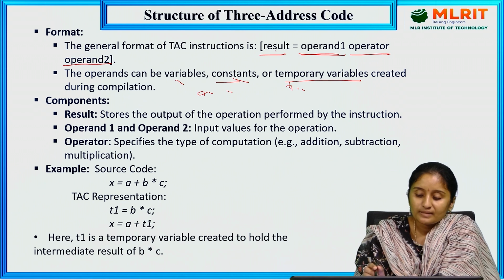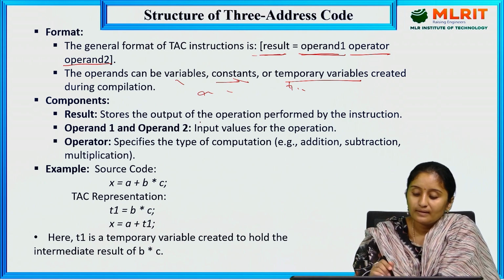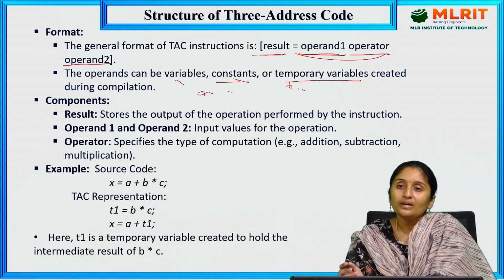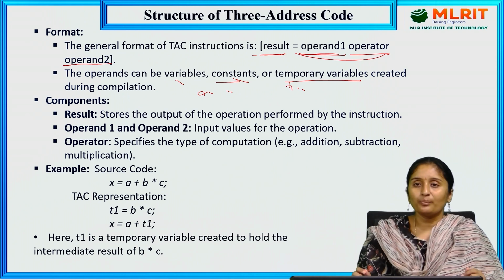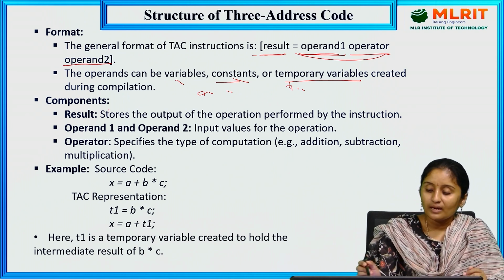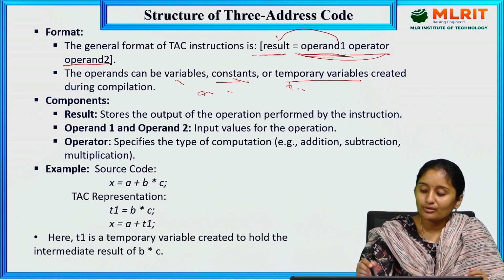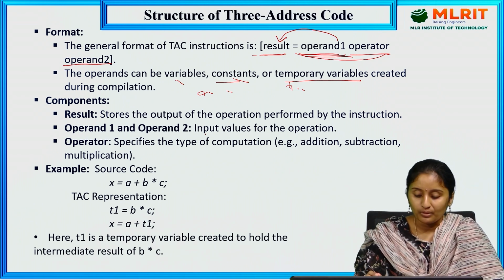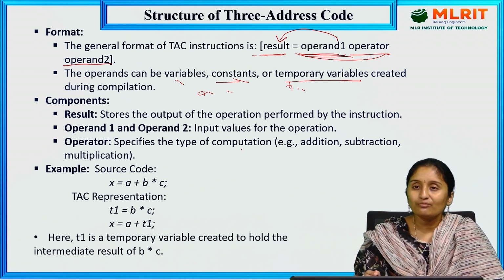What are the components here? Result is one component. It stores the output of the operation. If I have an addition operation, it does the addition and stores whatever I get in the result. Operand 1 and operand 2 are the input values that we give when we execute or simplify the expression.